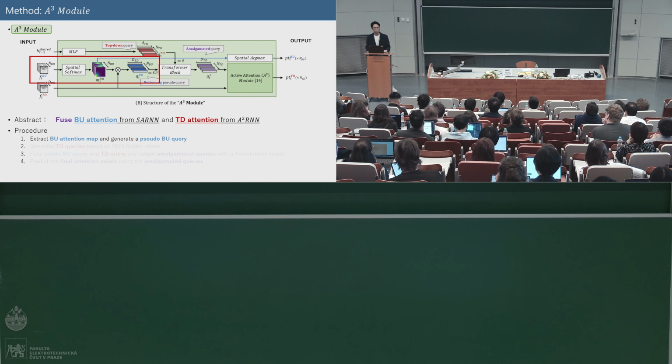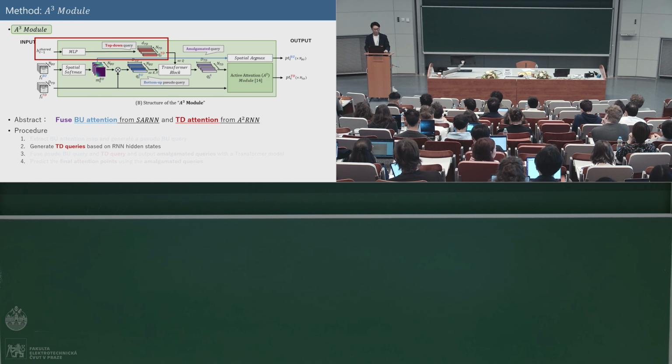The procedure of this entire process is, first, we extract the bottom-up attention based on the activation map of the image features. And after we extract the attention map of the bottom-up attention, we generate a pseudo bottom-up query which represents the image features that are included in the attention areas.